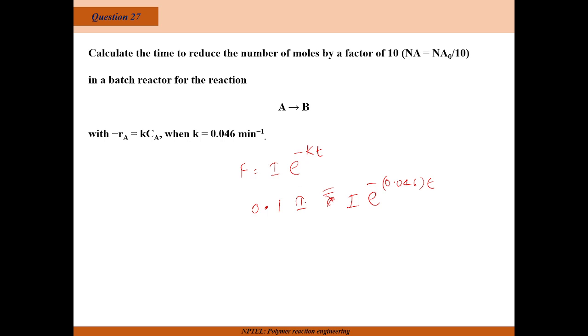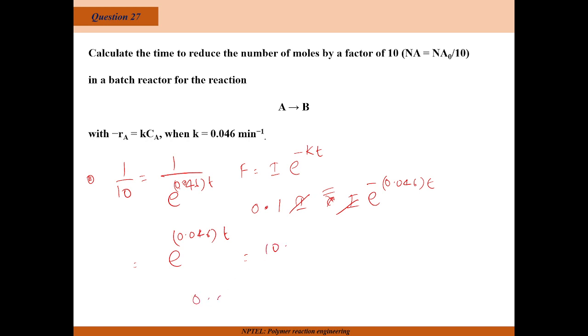So I can cancel this and take a logarithm. It is just mathematical rearrangement. I can write 1 by 10 is equal to 1 by e raised to 0.046 times t, or e raised to 0.046 times t is equal to 10.